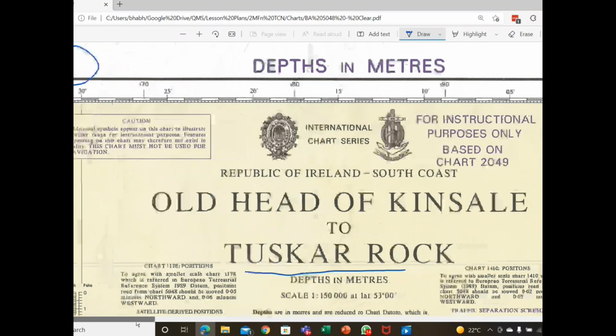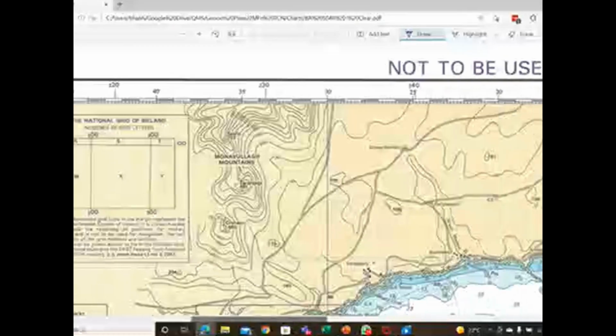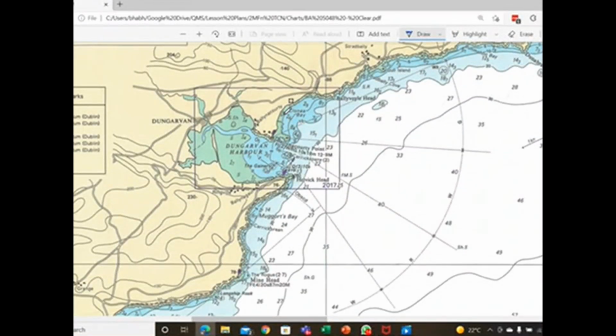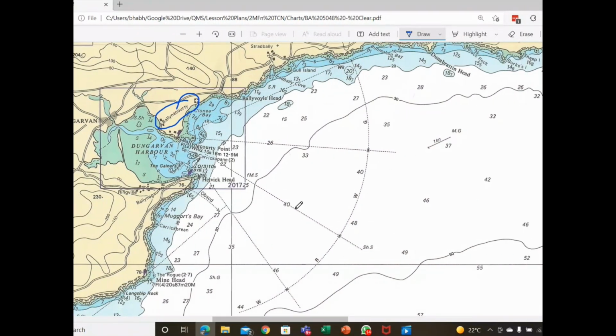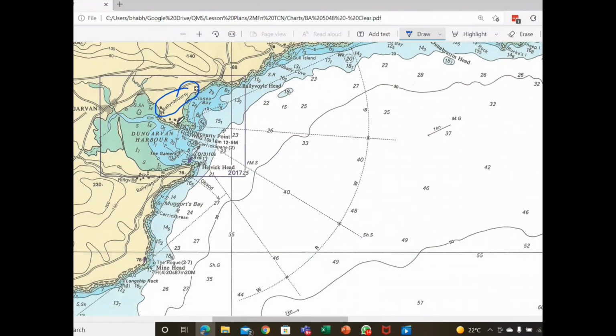So on this chart, let us identify this Bellina Koti light. Bellina Koti light is here. This is the one which we are talking about, beta. Now, if you look at this light carefully, you will see there are some dotted lines associated with this particular lighthouse, and you can see this is the white sector of the light.